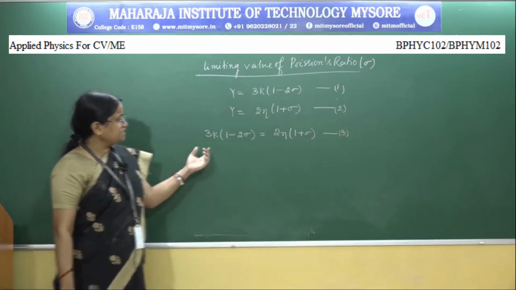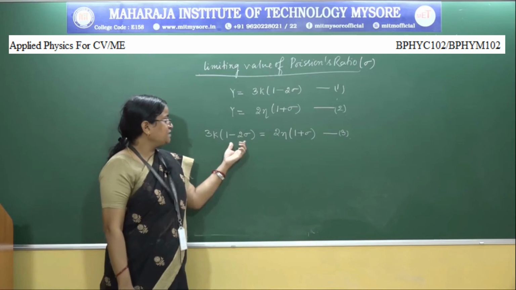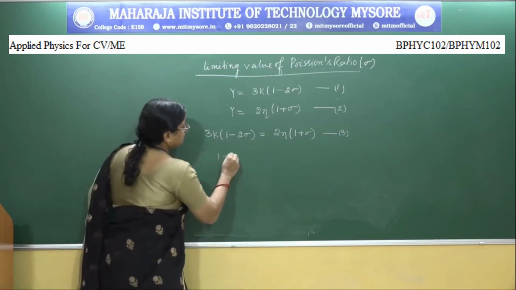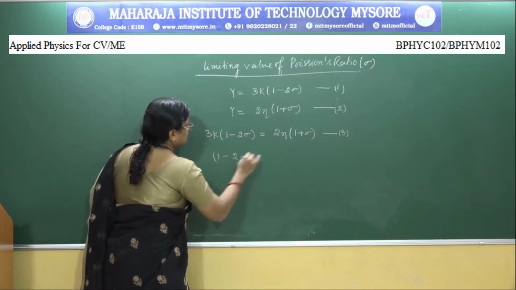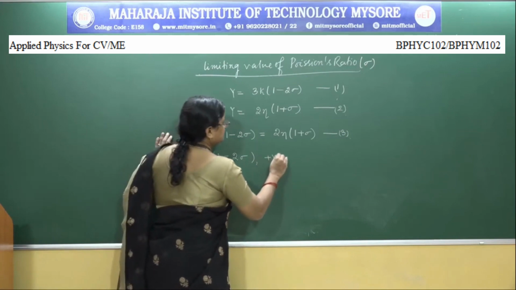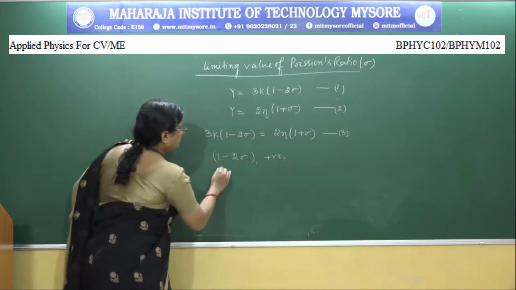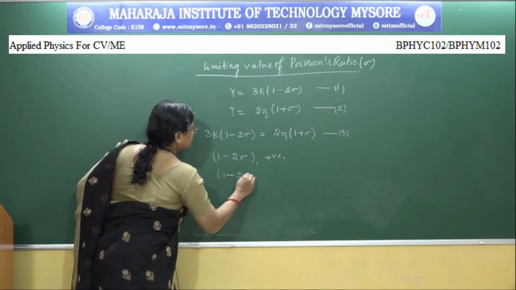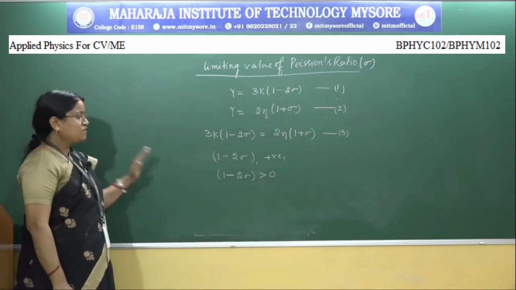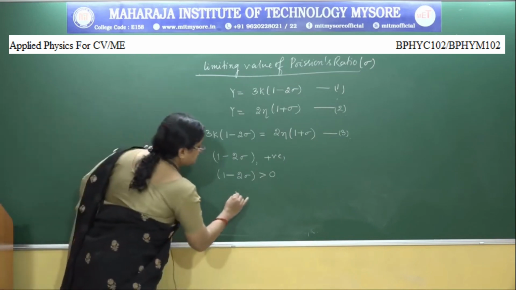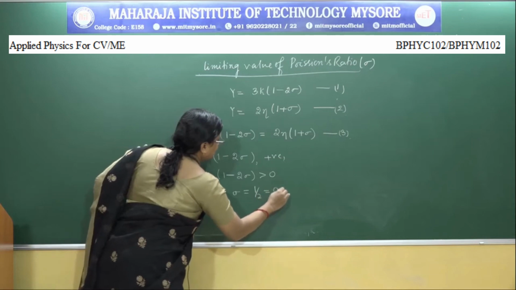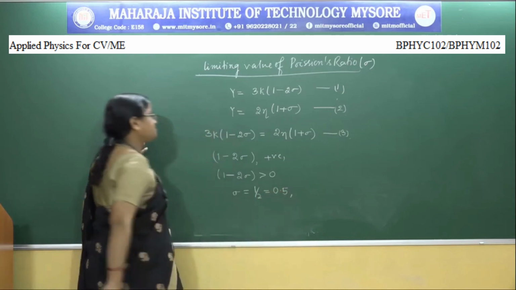Now, from these equations, we can see that 1 minus 2 sigma is a positive number, so 1 minus 2 sigma must be greater than 0. From this we get sigma less than half, that is 0.5.